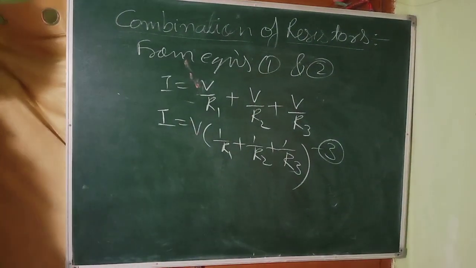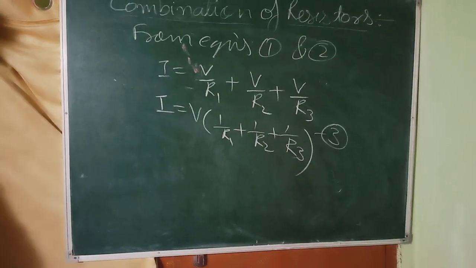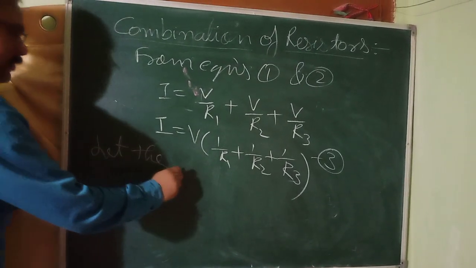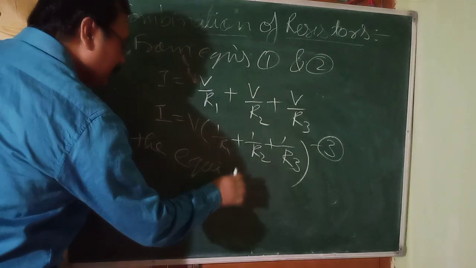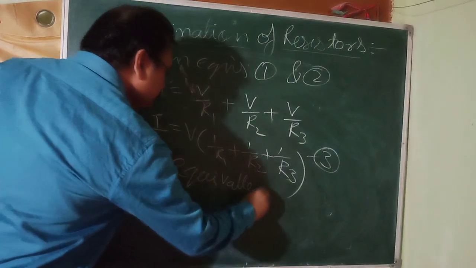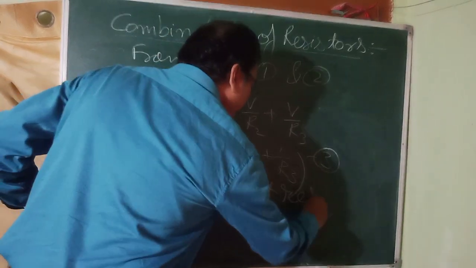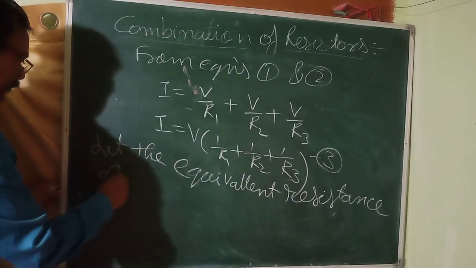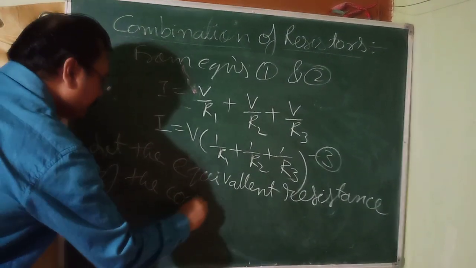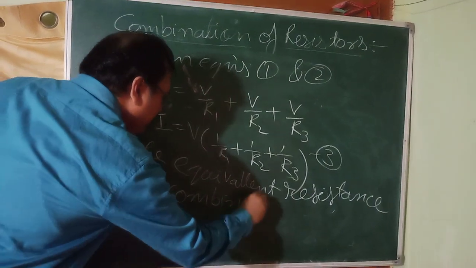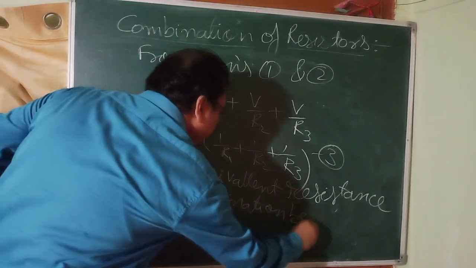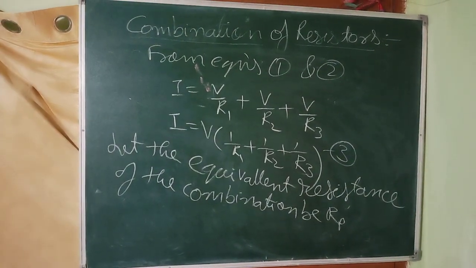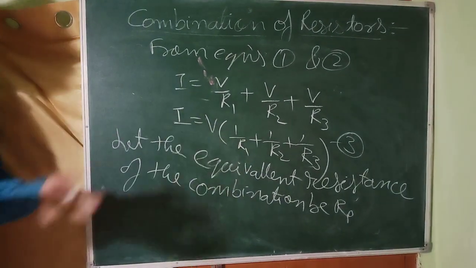Once we have marked this equation number 3, what do we need to do? Let the equivalent resistance of the combination be Rp. So we have considered that the equivalent resistance of the combination is Rp.